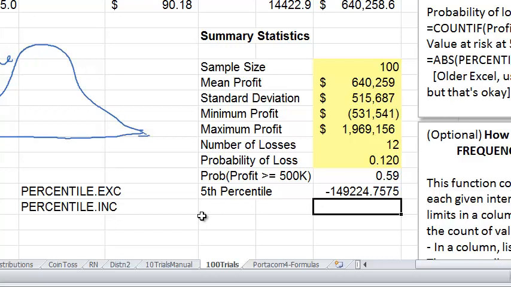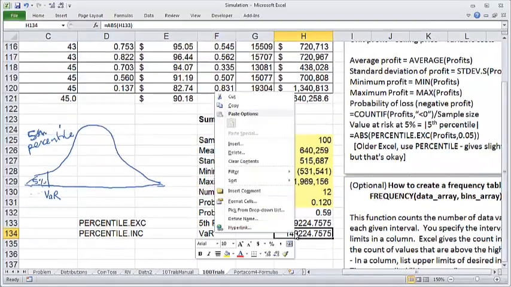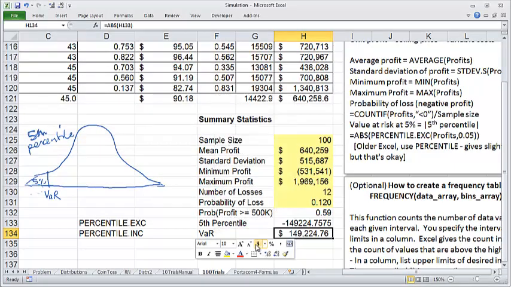And usually we give the absolute value of the percentile when we talk about value at risk. So for the value at risk, I would have to take the absolute value of the negative number I have. Okay, and let's turn it into a dollar amount. Let's say dollar here.